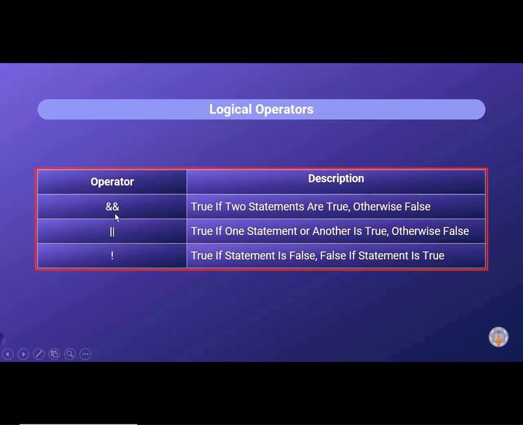For the or operator, between the two conditions, if one condition is true, then the or operator will execute. And the not operator, if the condition is false, then the not operator gives a positive result, or else it gives a negative result. So these are the operators which we use in PHP to perform operations.